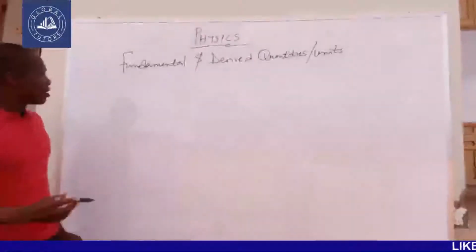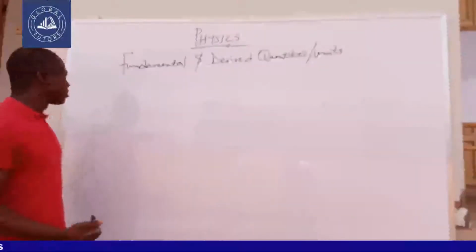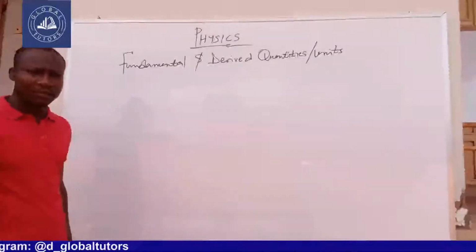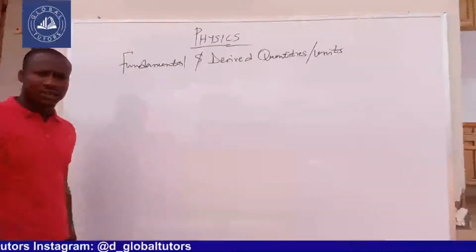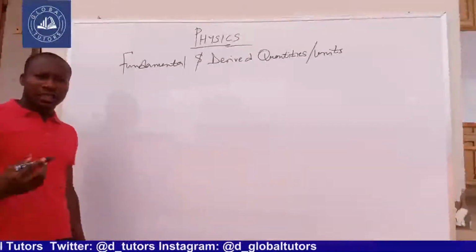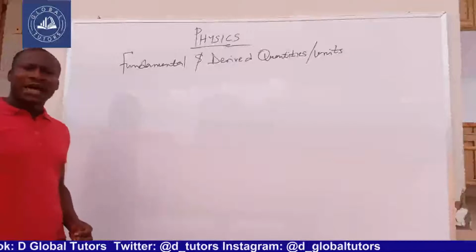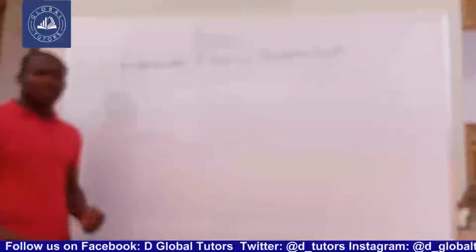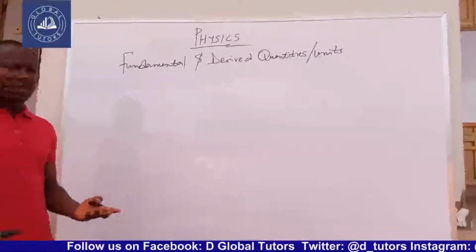Now I said I made mention of three most important basic units, which are mass, length, and time. And the units are kilogram, meter, and seconds, respectively. Now, I said that we have more than these three basic quantities.